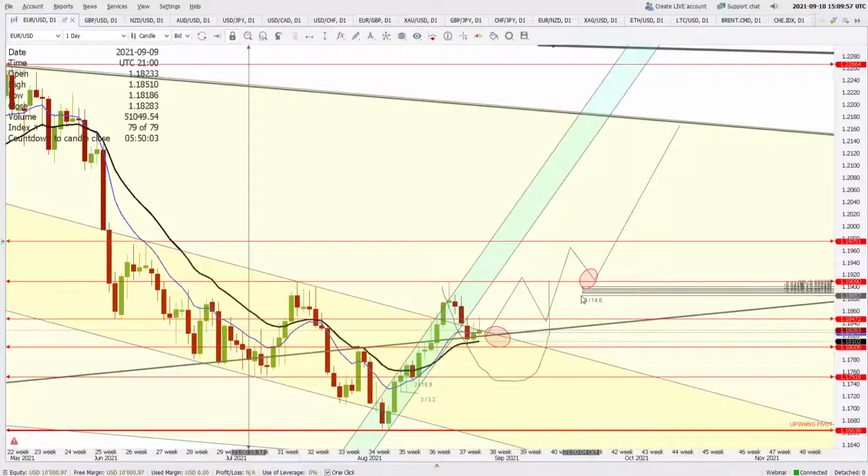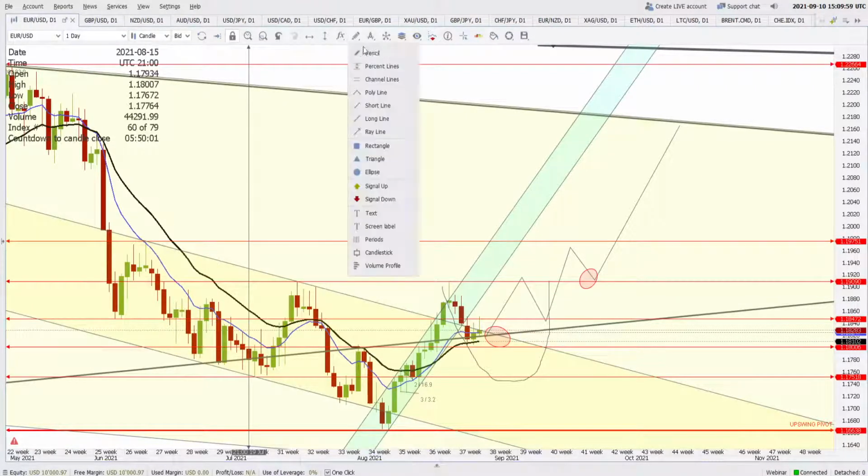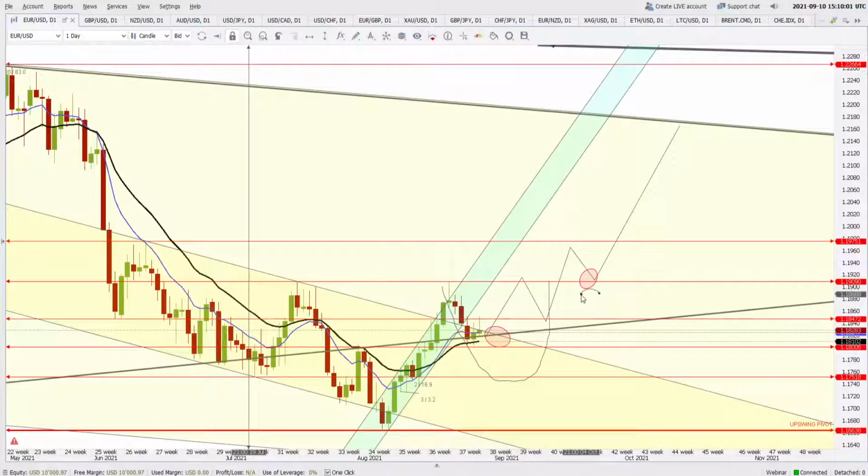Sorry again, so here can be our stop loss and this can be our take profit level. I just hope that it helps you to understand what I'm talking about right now.